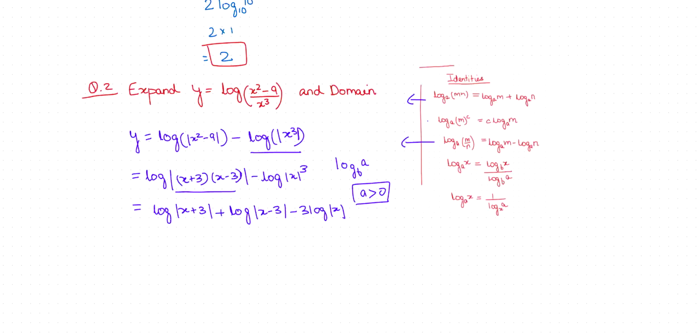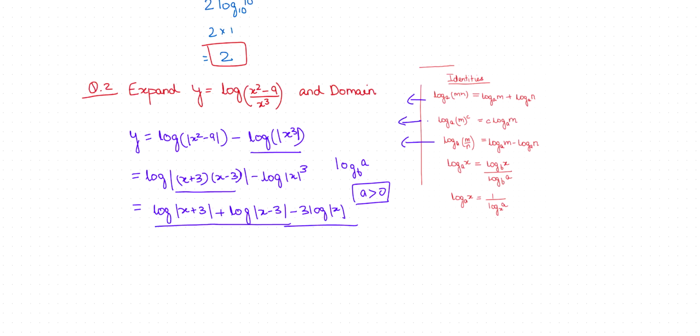So this is log of x plus 3 plus log of x minus 3 minus 3 log base 10 of x. And everything is in absolute value because we don't want the argument to get negative. It should be greater than 0. We used rule 2 to simplify this.